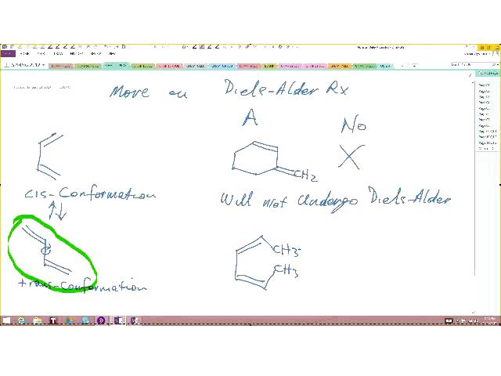Okay. This type of molecule also will not undergo Diels-Alder reaction because if we rotate this, the molecule will be in equilibrium with the trans conformation, which will be this here.